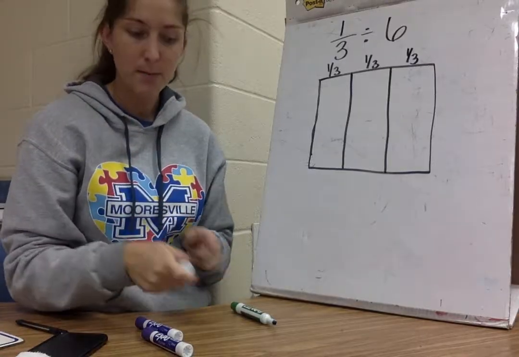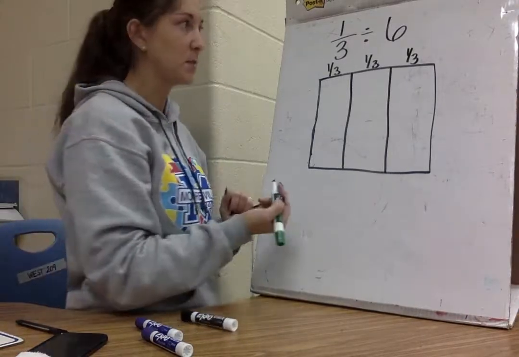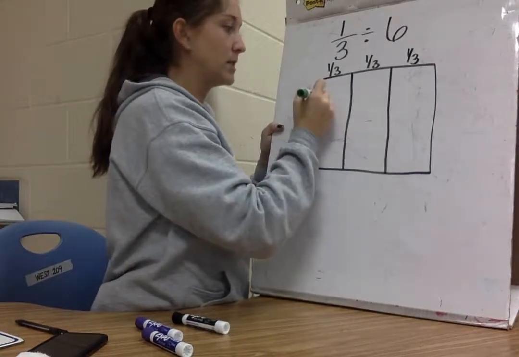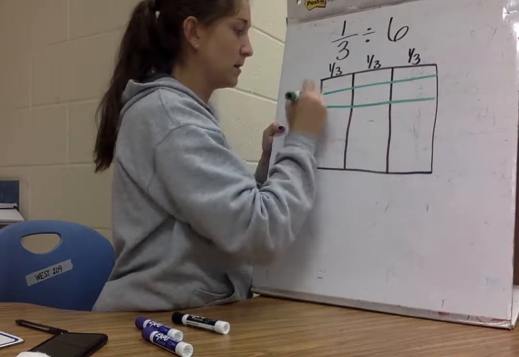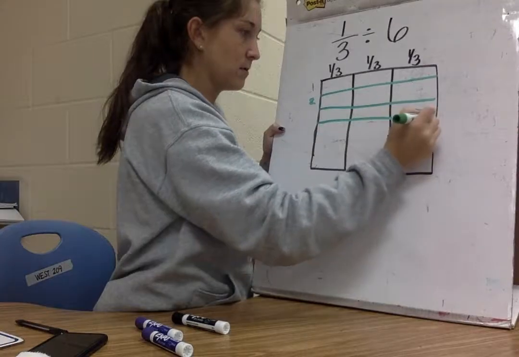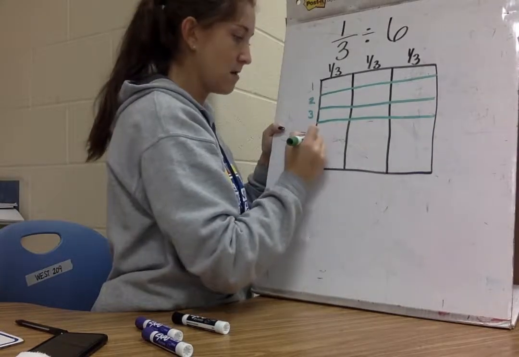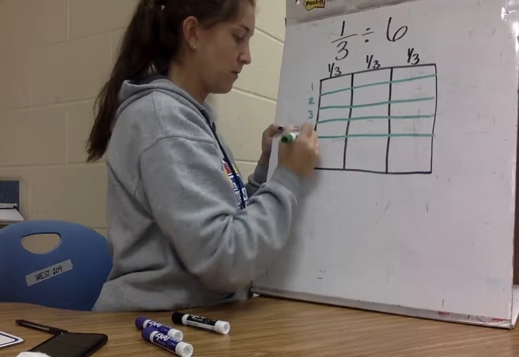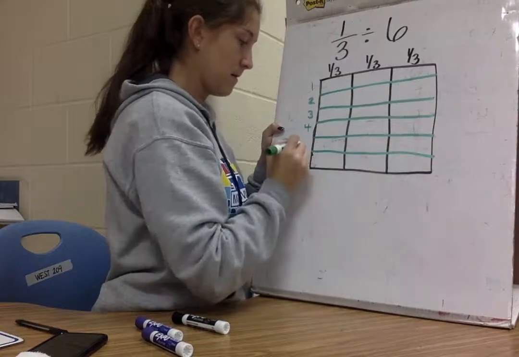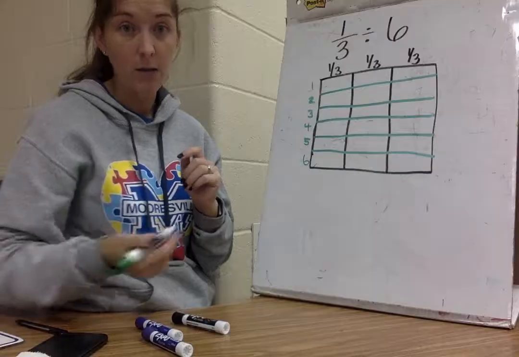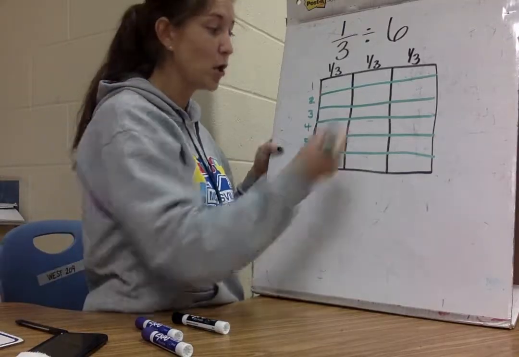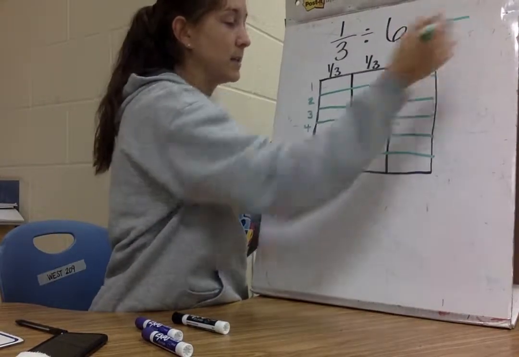Then, because I'm dividing by my whole number 6, I've got to split it into 6. There's 1, 2, 3, 4, 5, 6.